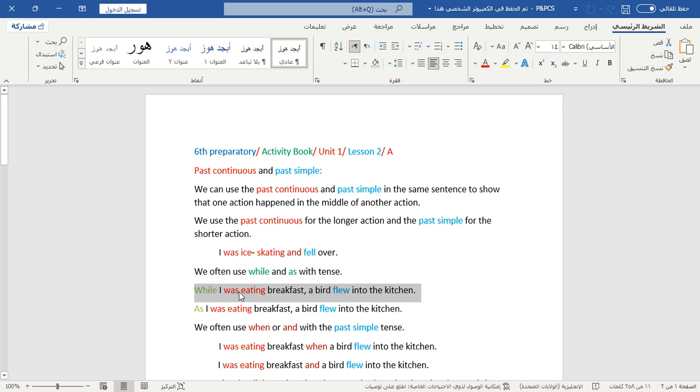The first part after while is directly in the past continuous tense, as we see here: I was, the helping verb, followed by the verb plus ing, eating. It's the longer action, the first action after while.